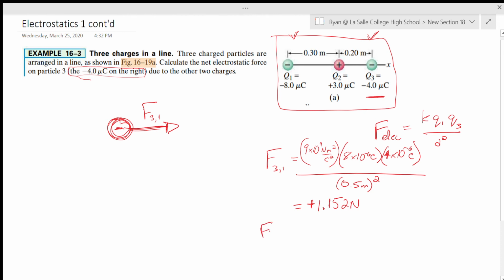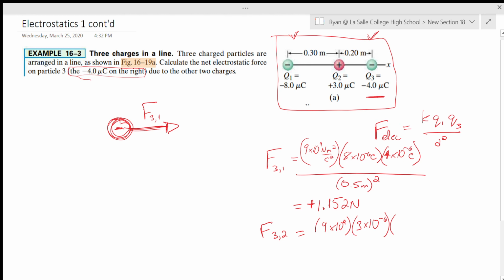For F on 3 coming from 2, we're going to do a similar calculation. The only difference, instead of the 8 microcoulomb, we're going to have a 3 microcoulomb. Notice I'm definitely not putting signs in for pluses and minuses here. I've already accounted for the directions when I draw my arrows on here. Oh, by the way, Q3, how's it going to be forced by Q2?